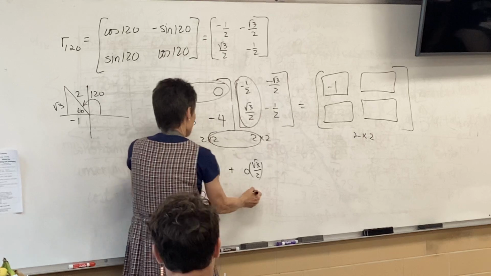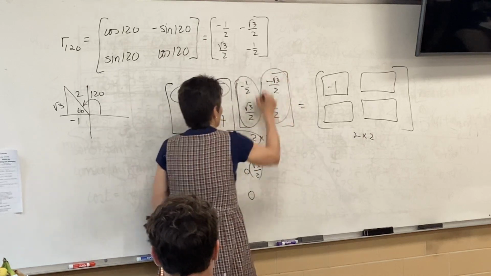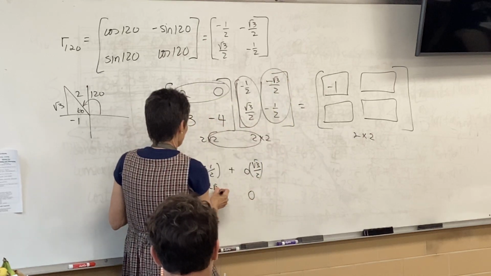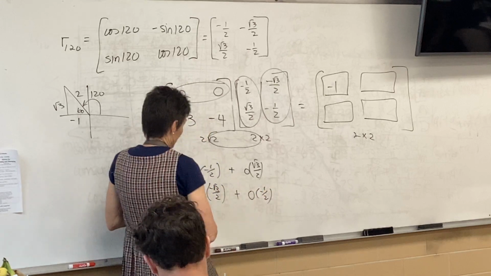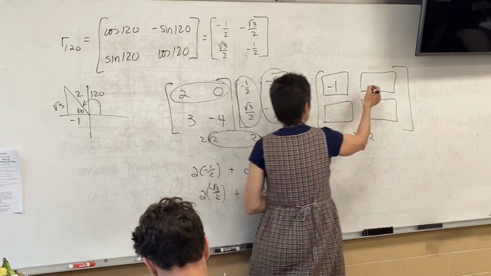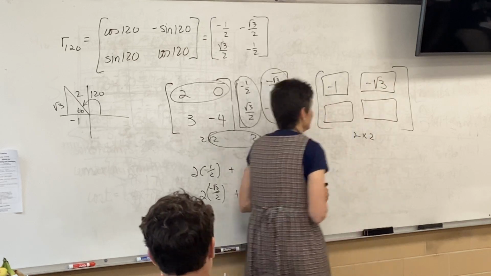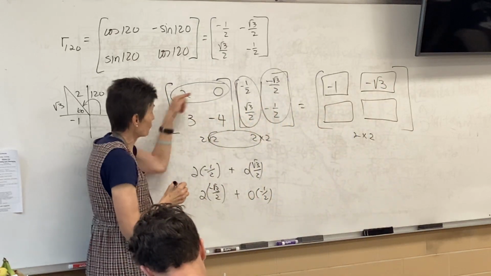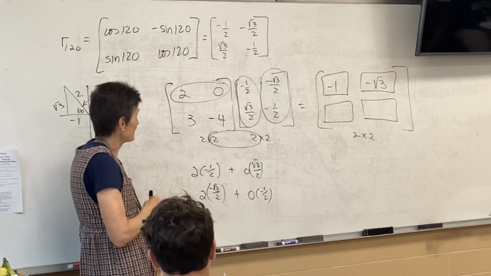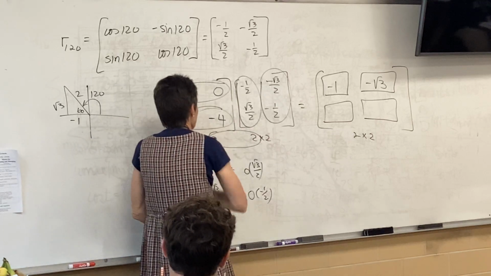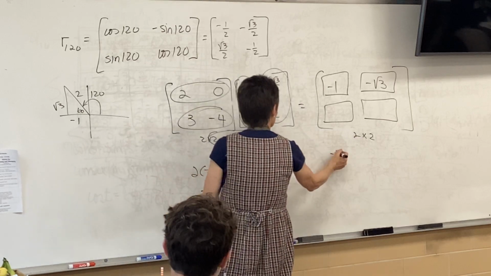Then my 2 and my 0. Negative root 3 over 2. Negative 1/2. Negative root 3. First row. Please stop me if I make an arithmetic mistake. All right, now I'm ready for the second row.